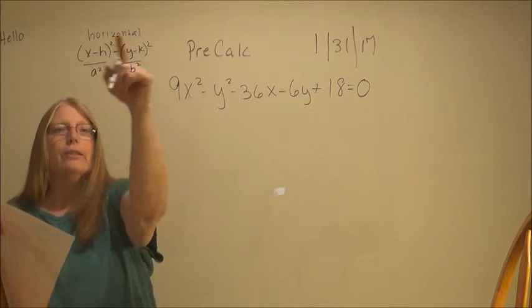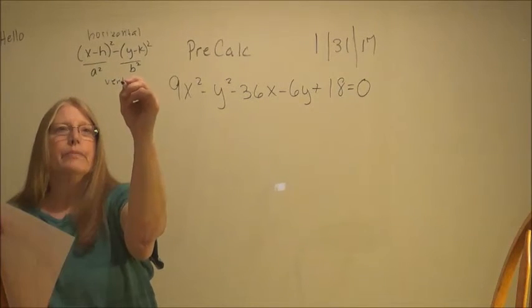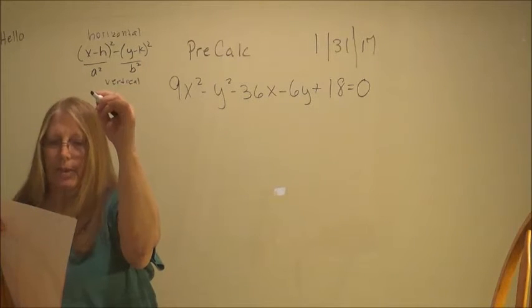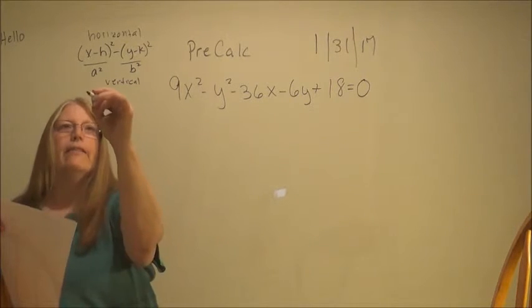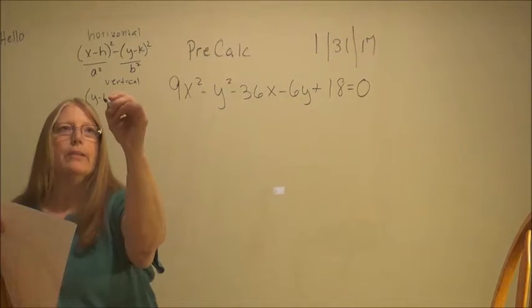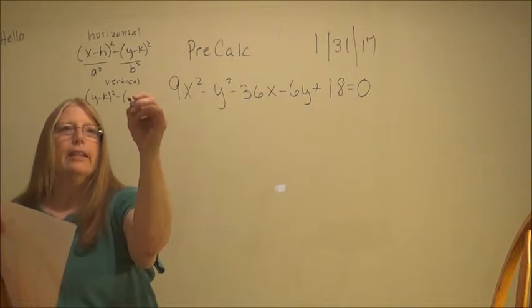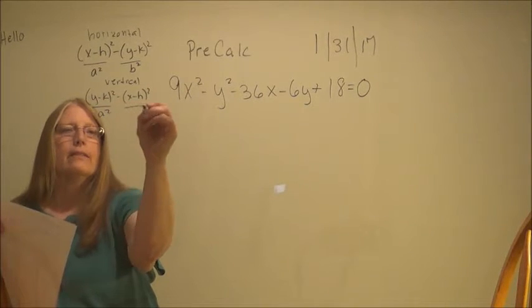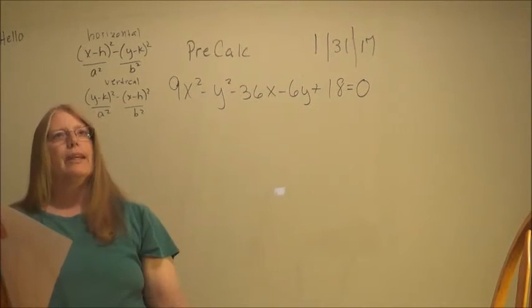So horizontal, and then vertical standard form would be when the y term is positive and the x term is negative. Alright, so that's how we tell.